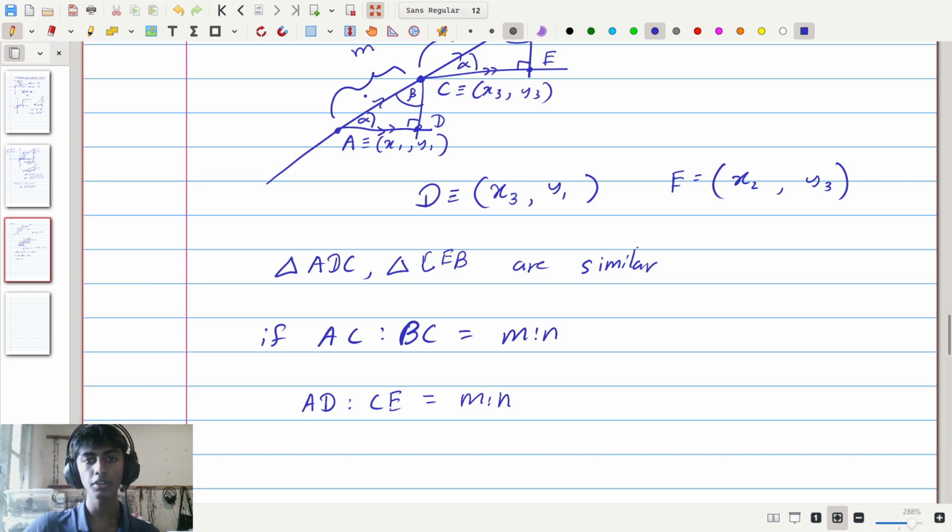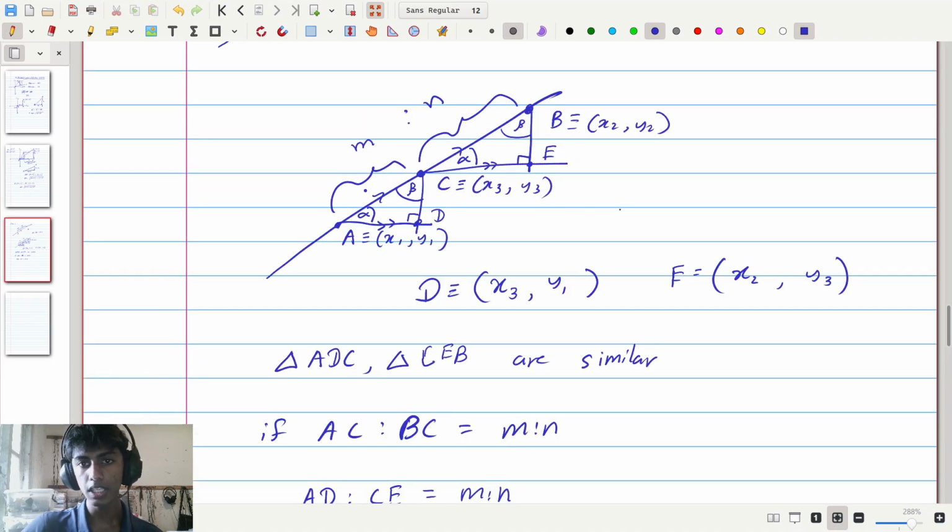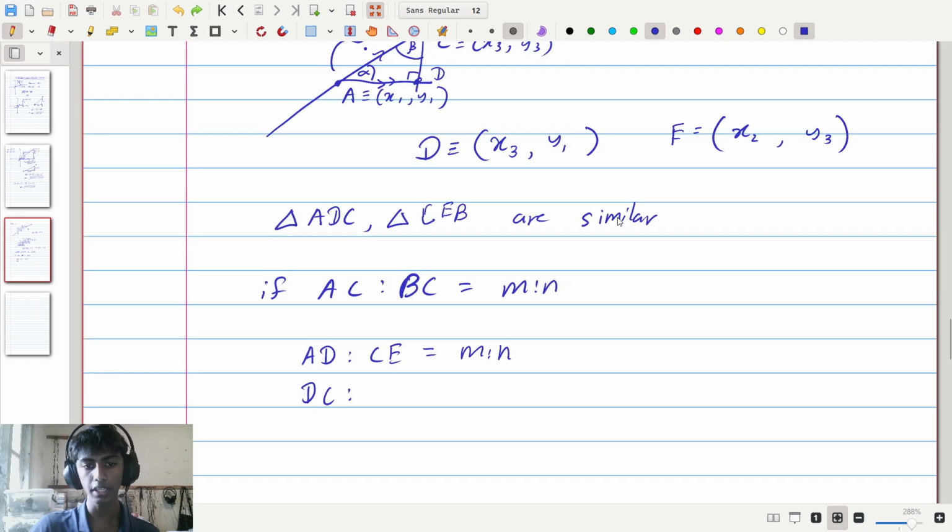And similarly, comparing the other two corresponding sides, the ratio DC to EB should also be the same ratio, m to n. So writing that, DC to EB would also be the ratio m to n.